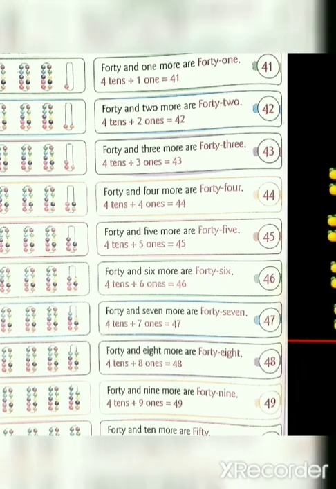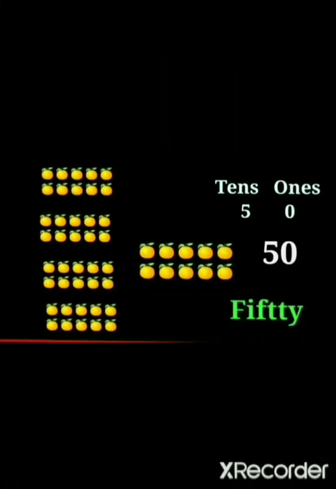50 you can understand with the help of this example. You can see a group of 10 oranges, again a group of 10 oranges, a group of 10 oranges, here also a group of 10 oranges, and here also a group of 10 oranges.